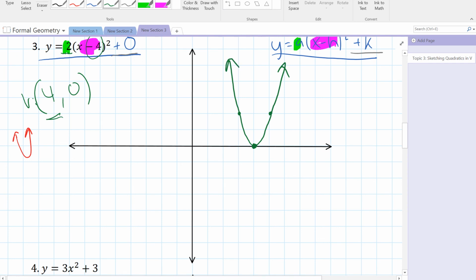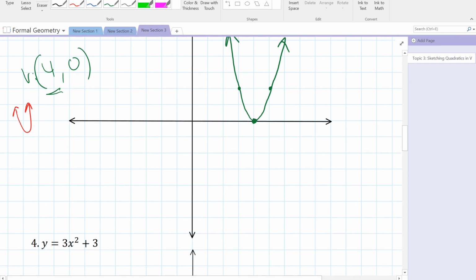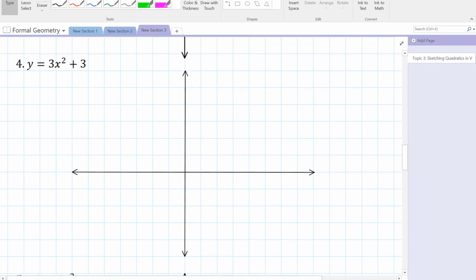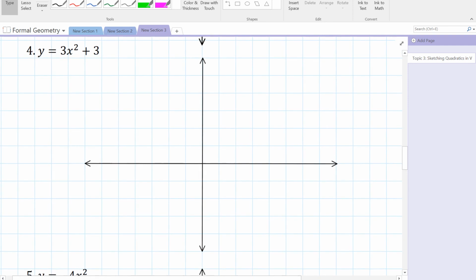Alright. Now as we scoot down to example 4, this one I think is less obvious that it's in vertex form, but we'll go through this again so we can see this really is vertex form. We just can't see all the pieces. So again, I've got y equals a times x minus h squared plus k. Helps me to write this down a million times because then I never forget.